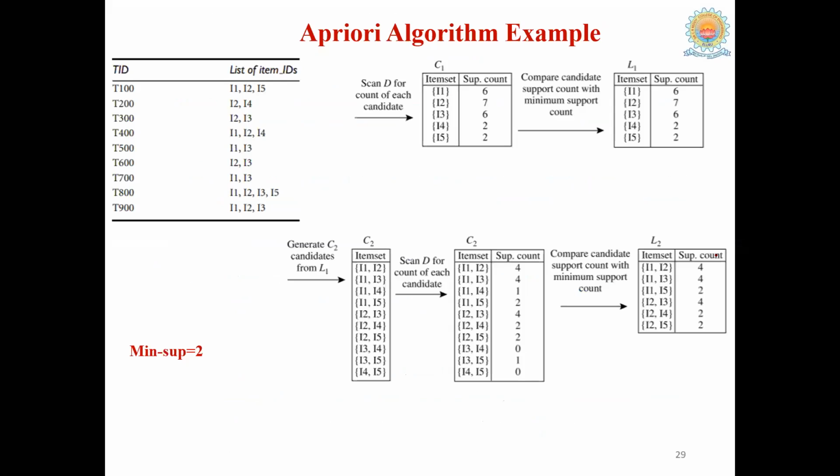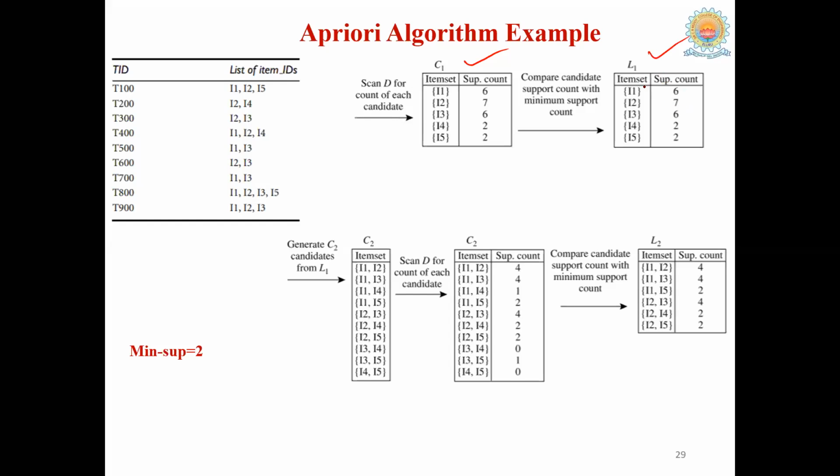So here is an example. Initially, for the considered data set, we need to scan the data set for mining all the frequent one item sets, and after that we need to filter out all the infrequent item sets and mention only the frequent item sets here, which is nothing but L1.